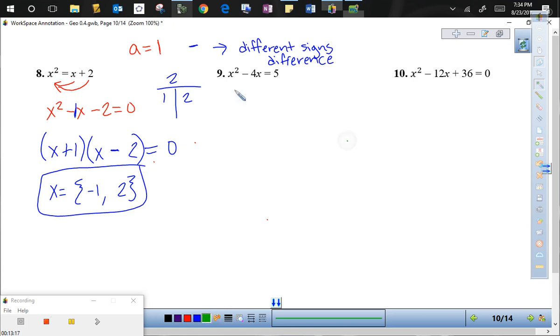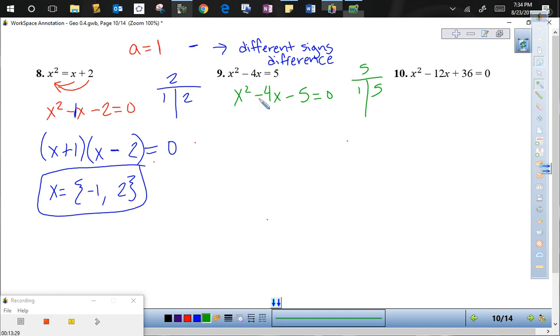For the next one, we've got x squared minus 4x, subtract that 5 over. So we're looking at the factors of 5. Since it's a -5, we know they're going to be different signs, and we're looking for a difference of 4. Well, 1 and 5 do have a difference of 4, and I need a -4. So the middle term is going with my larger number, that sign.